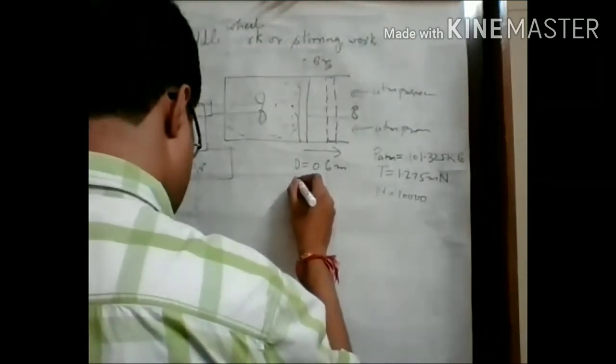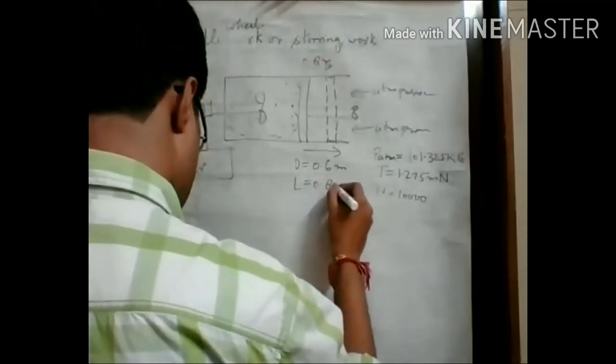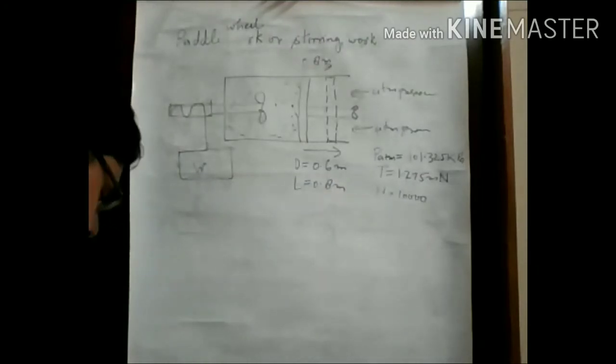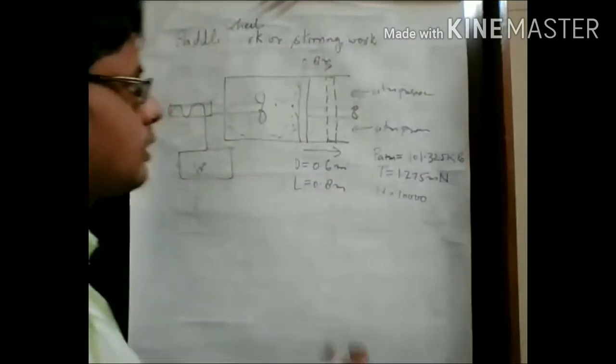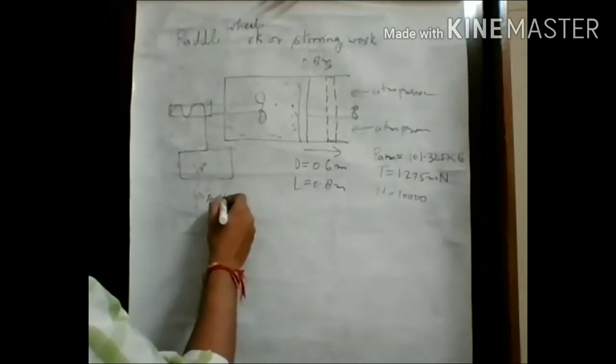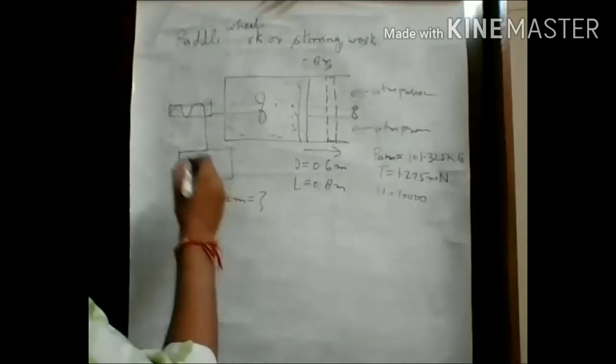You can write this expression: L, the length of stroke, is 0.8 meter. Find the net work transfer for the system. We have to calculate W system. This is the problem.